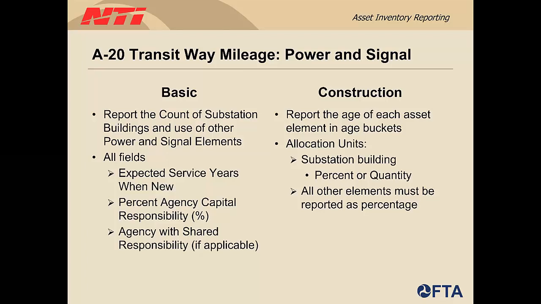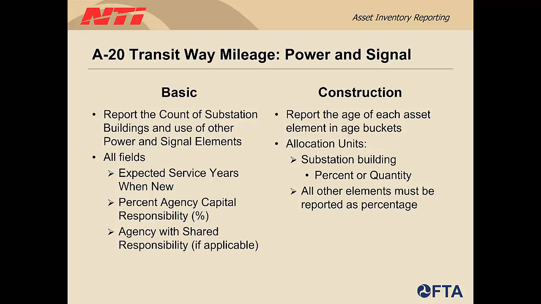For substations, you will be required to report a count of substations, and for the other power and signal elements, you will indicate whether or not your agency has them for that particular mode, and then you would report the basic information such as expected years when new, percent agency capital responsibility, and agency with shared responsibility if applicable.